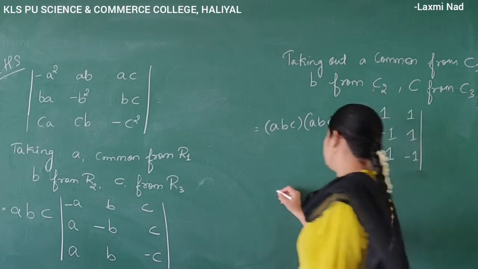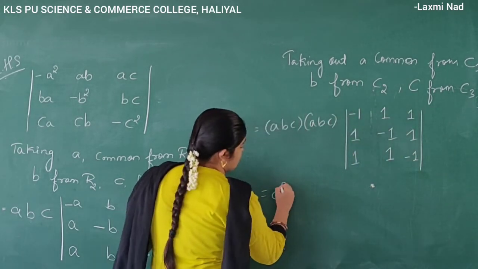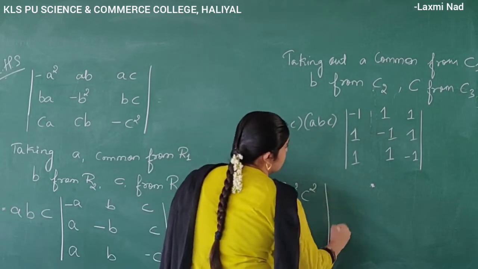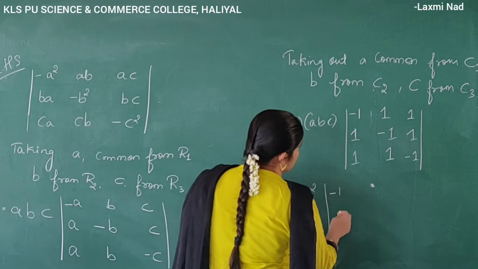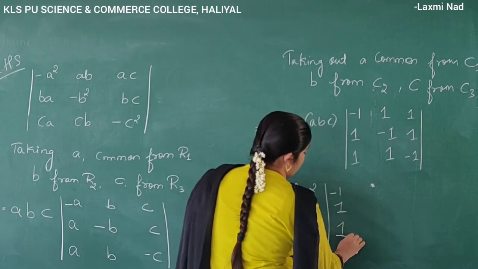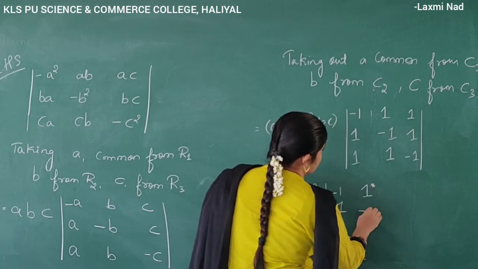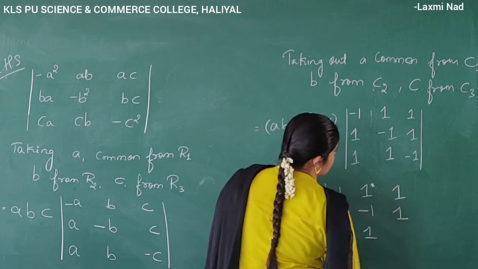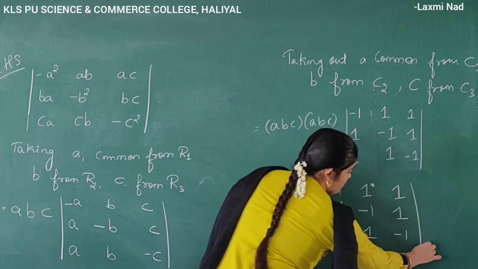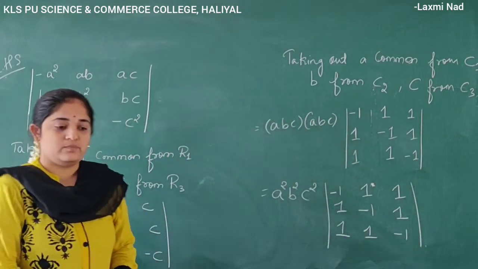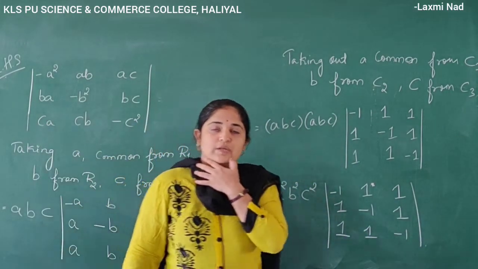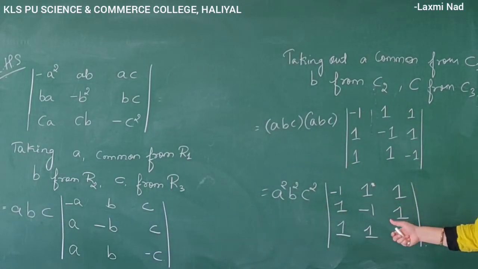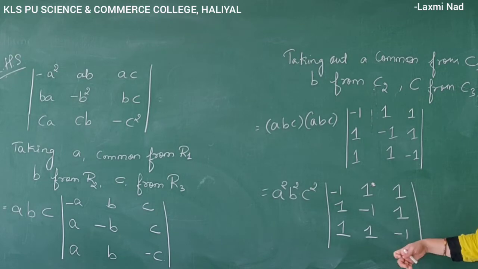So here a square, b square, c square, and the determinant with minus 1, 1, 1; 1, minus 1, 1; 1, 1, minus 1. Lastly, in order to get the required RHS, we need to expand this determinant.